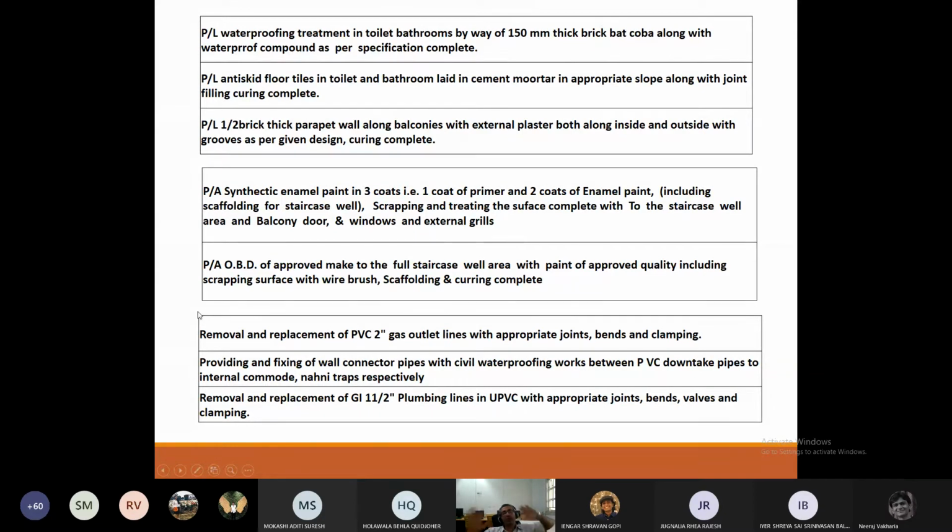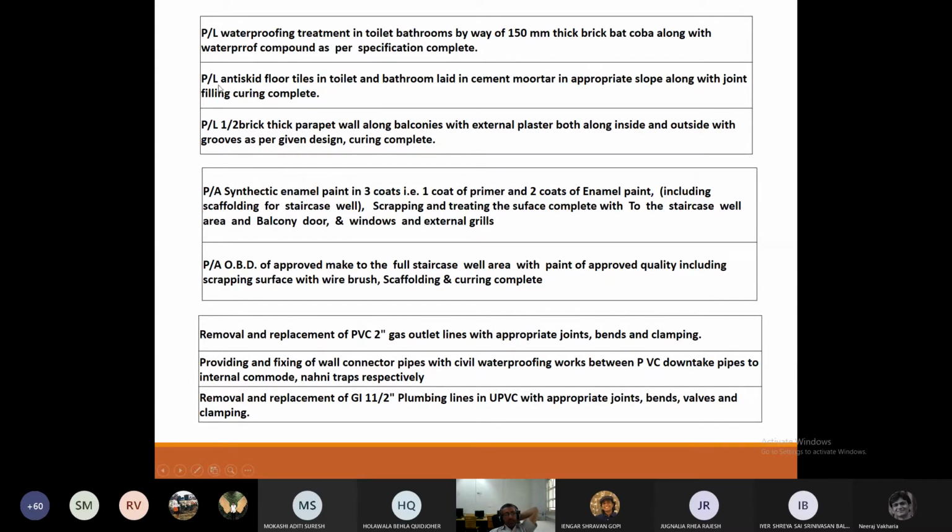A specification will always comprise these three things. It will usually talk about the thickness or the kind of size. It will give then the material and then how it is to be laid preferably and how it is to be completed. Providing and applying.